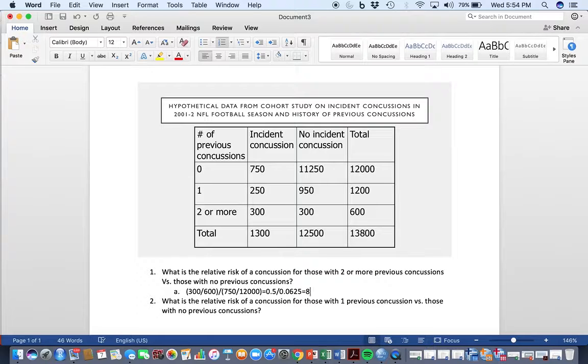So if we remember what that number means, if we have a relative risk that is greater than 1, then that means there is an association with the risk factor.